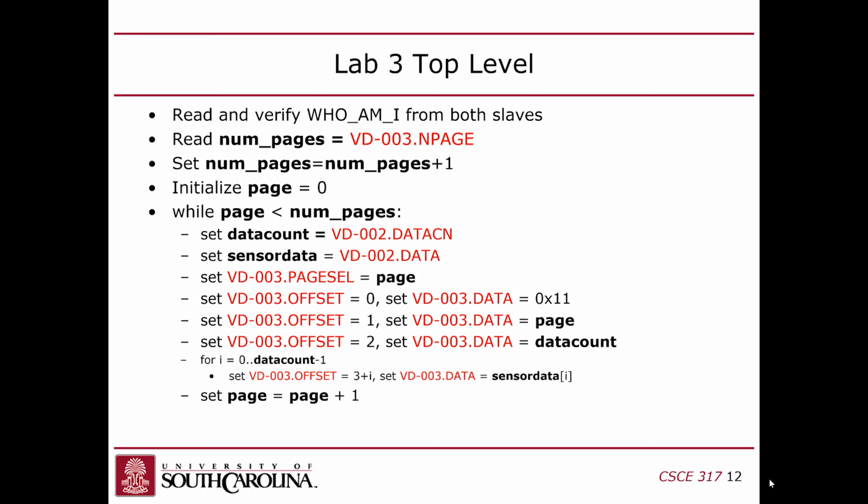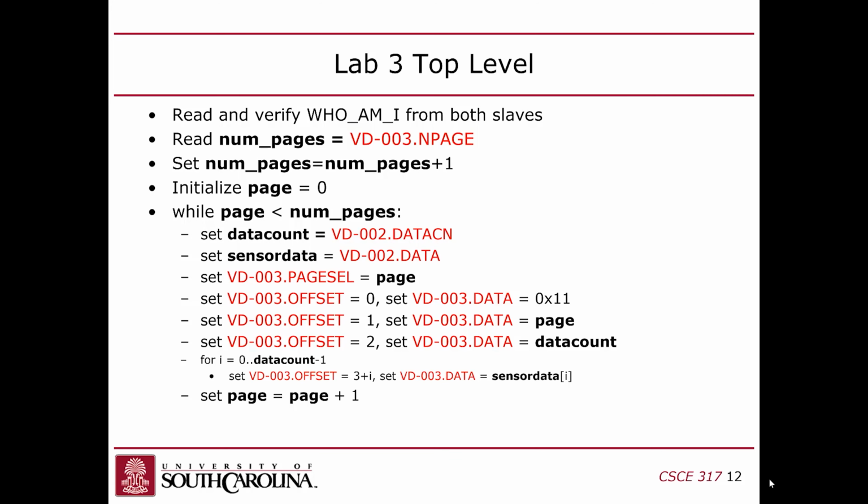You will load the data count from the sensor, and then you will load the data into an array called sensor data. Then you will set up which page you want to write to in the storage device by setting the page cell register.